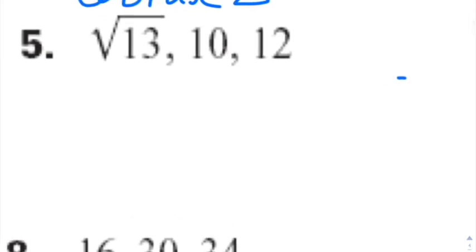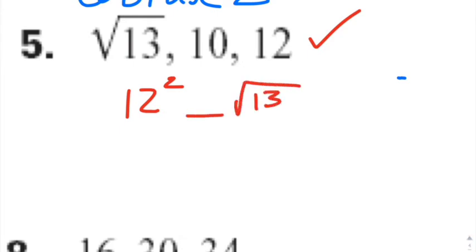Okay, square root of 13. I think that's bigger than 2. Obviously it should be. Yeah, it's about 3.6. So 3.6 plus 10 is greater than 12, so you can make a triangle. So then I'll do the original order here. 12 squared, square root of 13 squared, and then 10 squared.